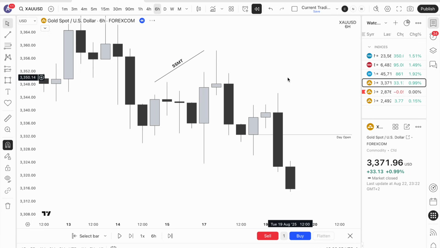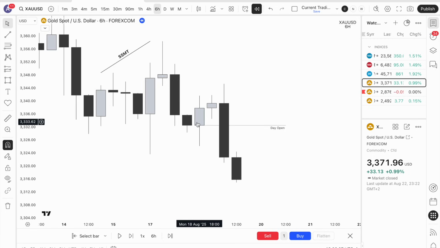So dropping into a 6-hour candle, we can see Asia right here leaving the previous day's low and then opening higher first. So all I'm viewing this as is manipulation to form the daily wick.